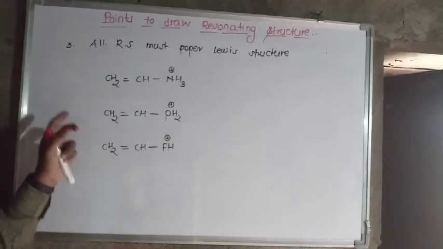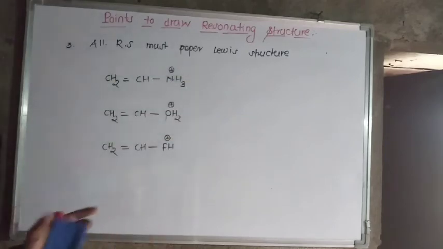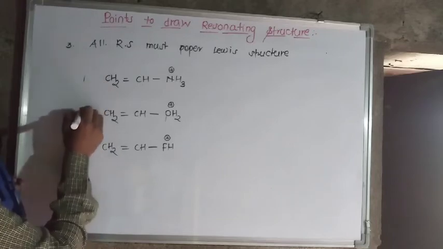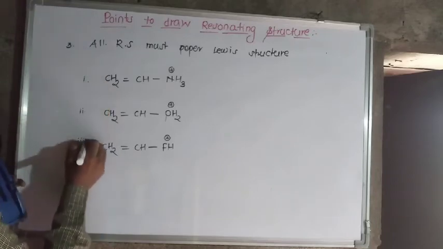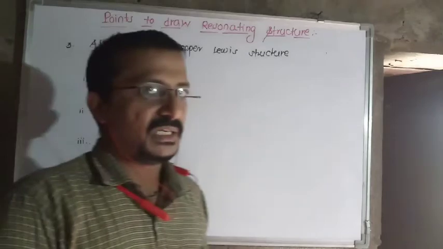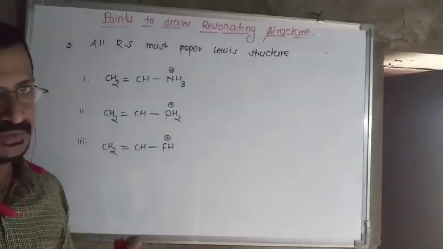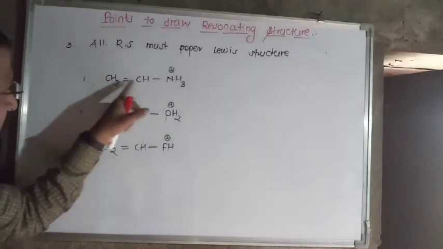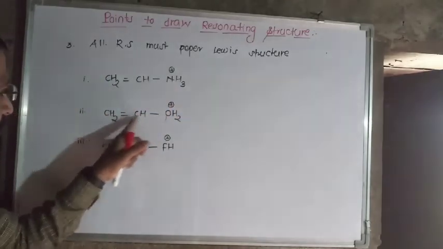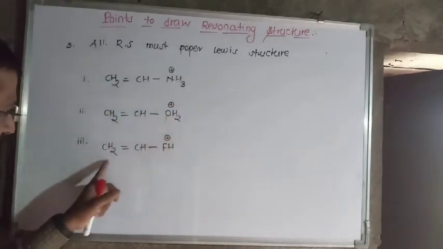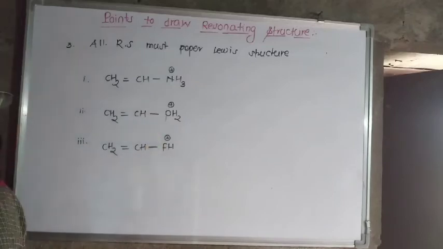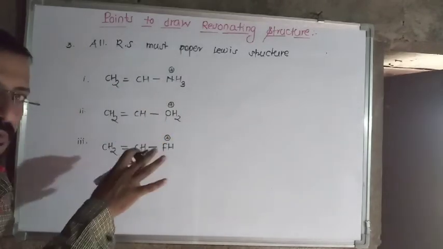Now if you consider all the three cases, number 1, number 2, and number 3, from the previous lecture knowledge, we say that in all the three cases resonance is possible, isn't it? By first observation, A double bond B, C has positive charge. A double bond B, oxygen has positive charge. A double bond B, fluorine also has positive charge. So resonance is just possible in these cases.